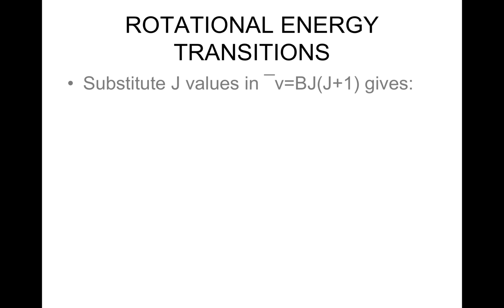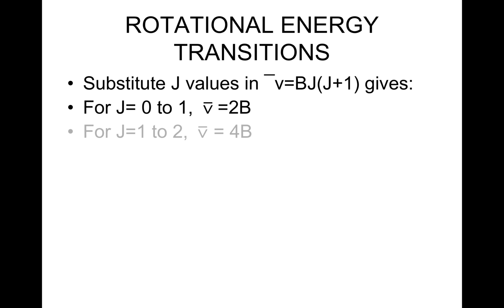Rotational energy transitions. Substitute J values in ν̄ = B J(J+1) gives, for J equals 0 to J equals 1, ν̄ is equal to 2B. For J equals 1 to 2, ν̄ is equal to 4B.